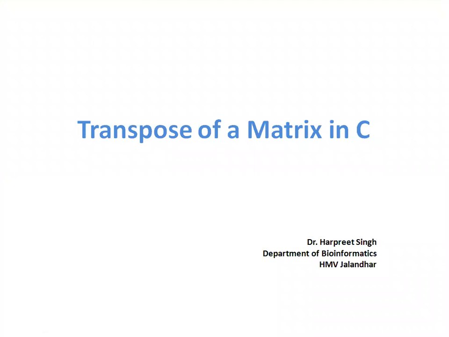Good morning, students. In this lecture, we will be discussing the concept of writing a C program to find the transpose of a matrix, and this is another application of two-dimensional arrays to deal with matrices.